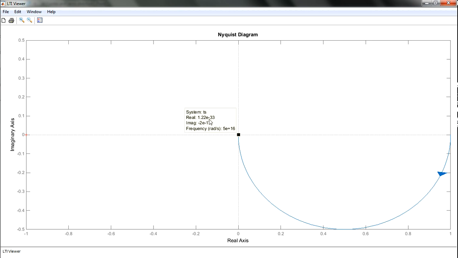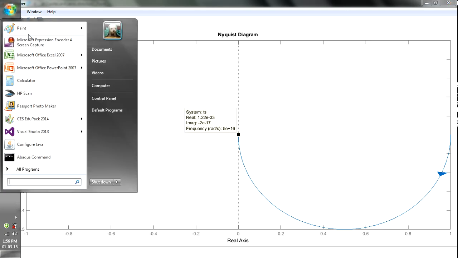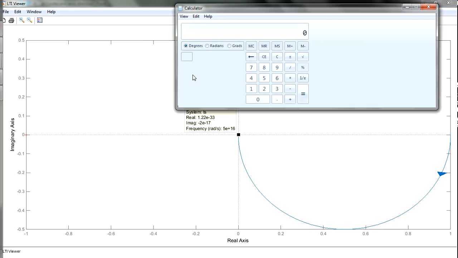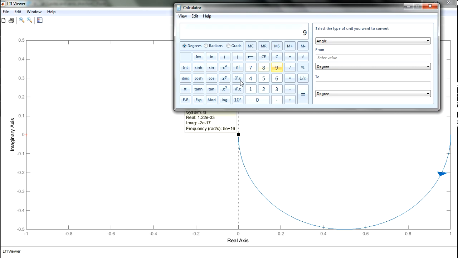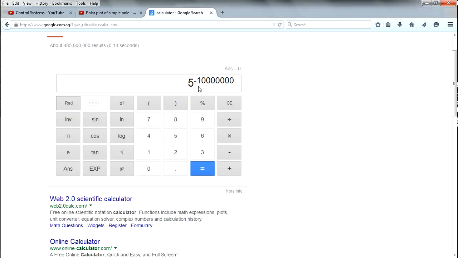So exponential to the negative is very, very small. Then imaginary is minus 2e, which is also very small because of the exponential. If I were to show you 5 to the power of a negative big number, I use the calculator over here.